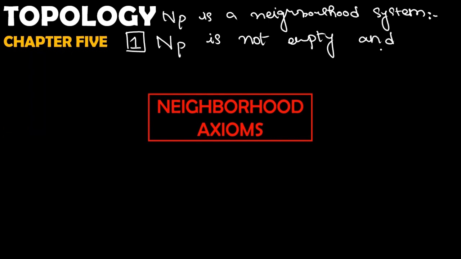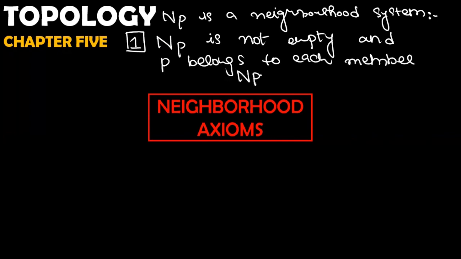The set of neighborhoods cannot be empty. Similarly, P belongs to each member of NP. As NP is the set of all the neighborhoods of P, P is present in all the members of NP, which is a very interesting thing.